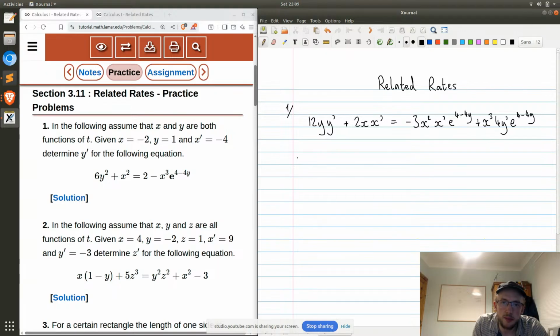All right, so I'll move everything involving y prime over to the left. So 12y y prime minus 4x cubed y prime e to the 4 minus 4y, and that's equal to that minus that.